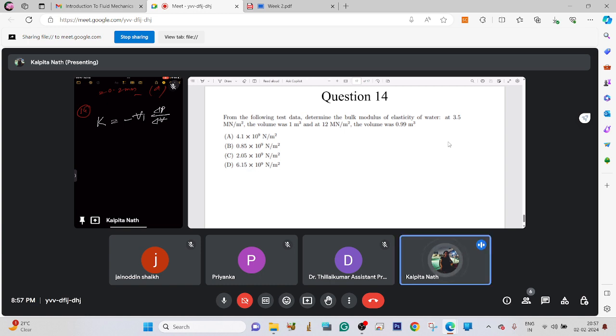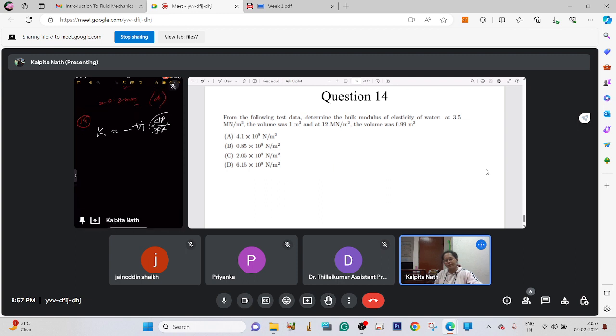There are two conditions being given, so we need to take those two conditions and take the difference between the two. That is del P, we need to take the difference between both of the pressures, and del V, we need to take the difference between both of the volumes. That's it.